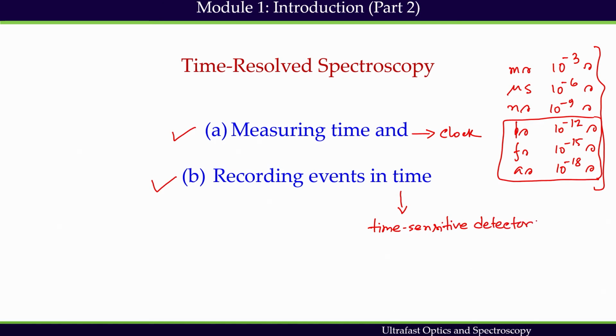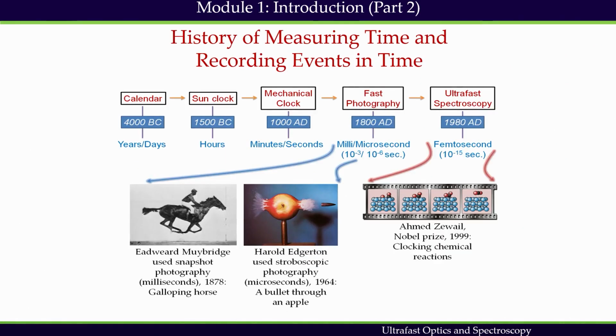So, these are the two devices I need for measurement of time and recording events in time, and these are the two elements that would always be present in any time resolved spectroscopy, including ultrafast spectroscopy.